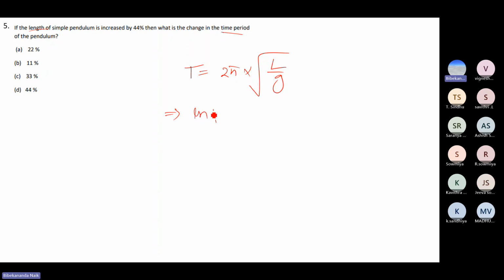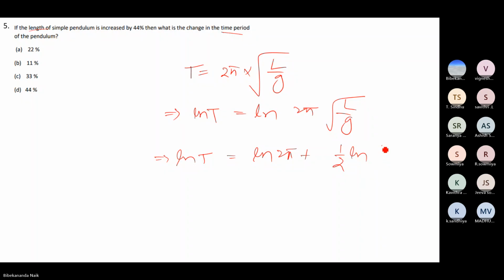suppose this will be ln T and it will be ln of 2 pi root over L by g. So ln T equals ln 2 pi plus half ln L by g.